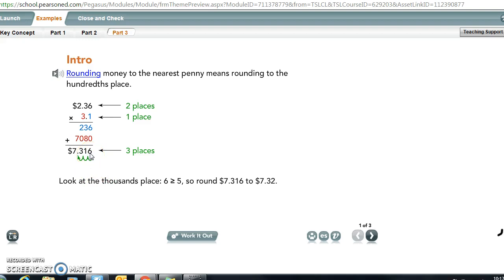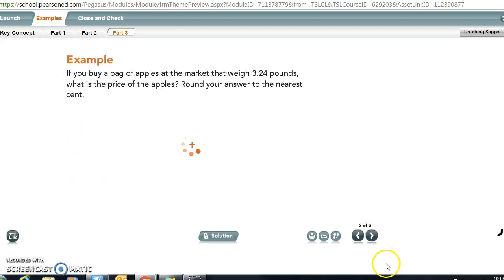So when we're rounding, remember, 5 or bigger, you round up. So $7.316, when you round that, because 6 is bigger than 5, this 1 is going to become a 2. So you get $7.32. So let's go ahead and try this.